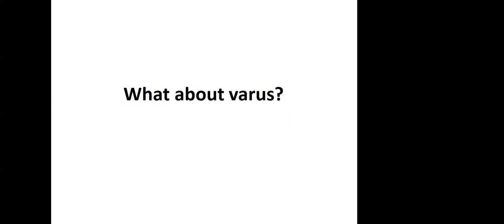Would you address varus? Would you do varus along with the shortening? Yes or no? No idea, sir. Okay. Not very commonly; it is not always that we do varus along with the shortening, but shortening always.